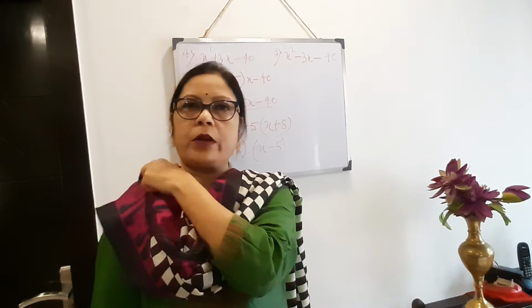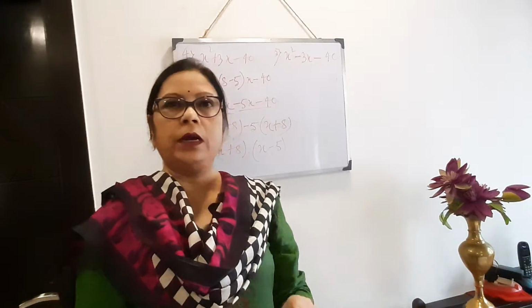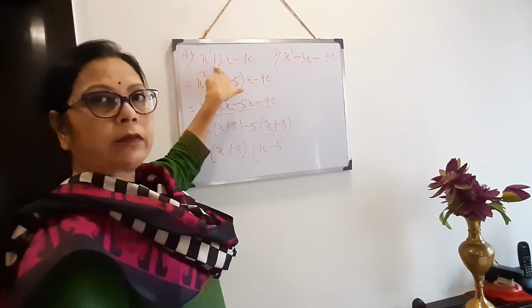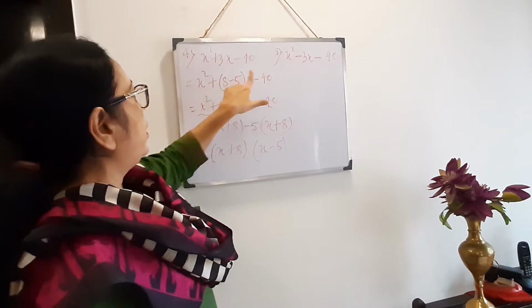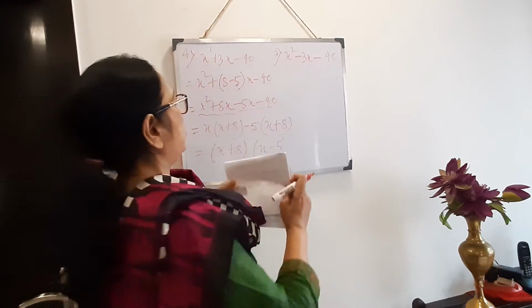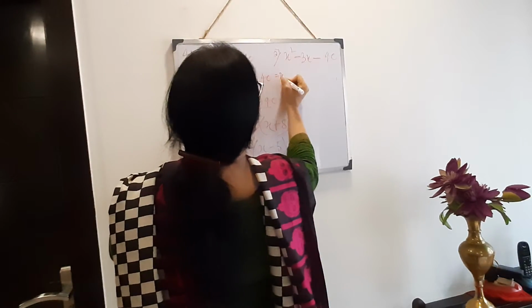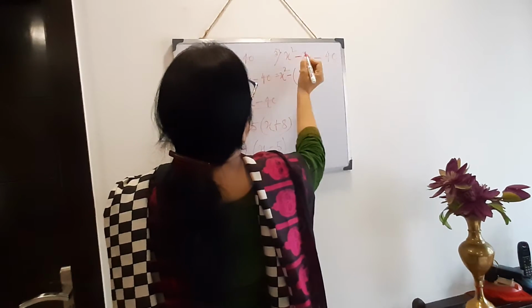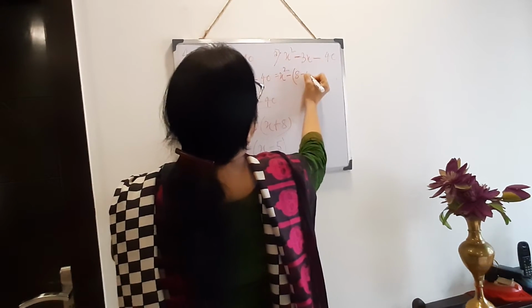Clear? 8 5s are 40, 8 minus 5, 3. But one difference is there. As there was a plus sign, I had written plus, and there is a minus sign, so I have to write minus here. Now see what to do. Minus I will write as there is a minus sign. And same as 8 5s are 40, so 8 minus 5.